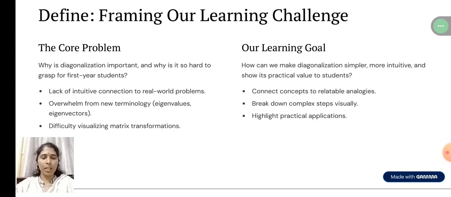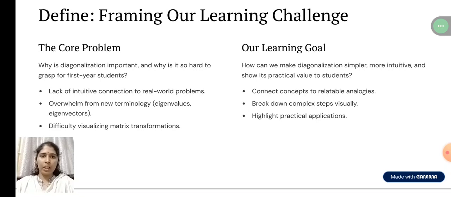Till 12th standard they only study what is given in the book and write it, so they don't know about real world applications and problems. Next, they are overwhelmed by new terminology. They are introduced to new technical terms like eigenvalues, eigenvectors, quadratic forms, and canonical forms, and they get stuck there.